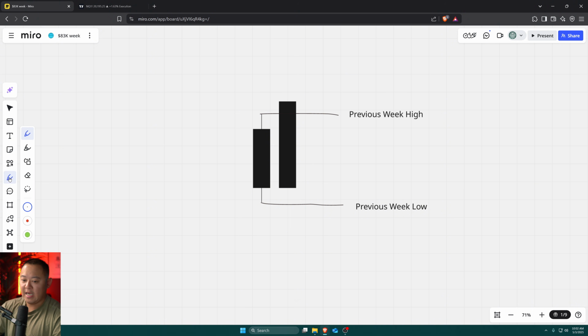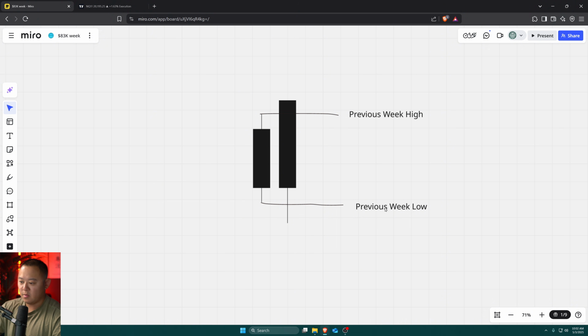And what we're going to get is these wicks. Depending on how far the market trades, based on that candlestick forming, let's just assume that it's going to go down here. That's going to print the lowest price on the week. And then by the end of the week, it's going to go and take out that previous week high.